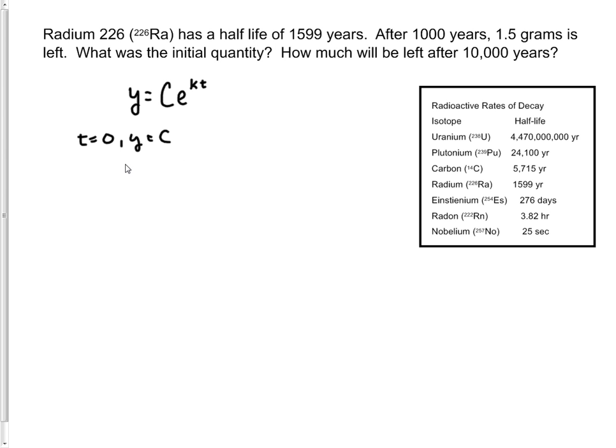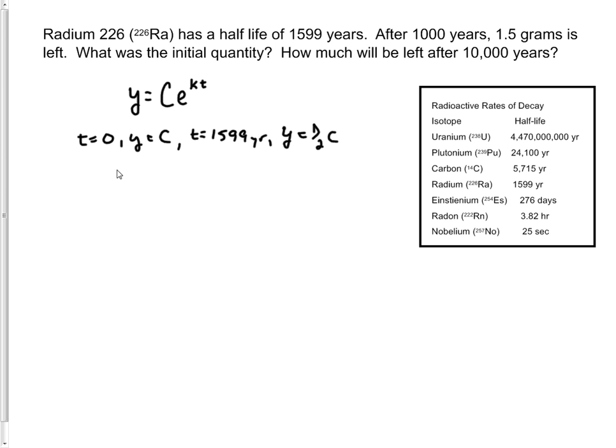So if we have a half-life, that means that at t equals 1,599 years, y will equal 1/2 of whatever c is. And that's kind of useful because now that gives us an opportunity to solve for our constant, right?